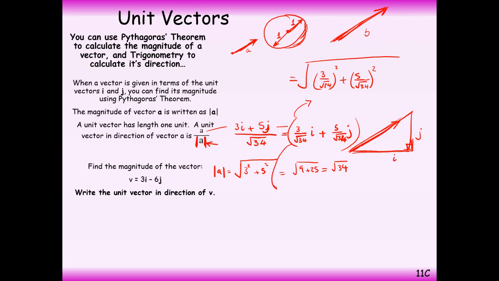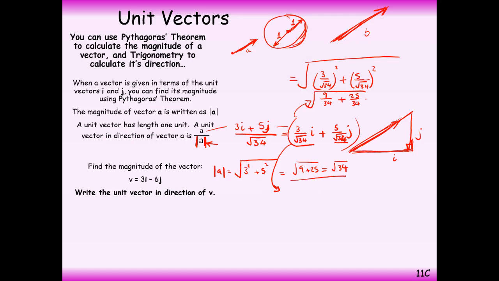I haven't written my working out in a logical fashion; I should have written that down here, but we calculated the magnitude first, then I put it there. So the answer is the square root of 9 over 34 plus 25 over 34.